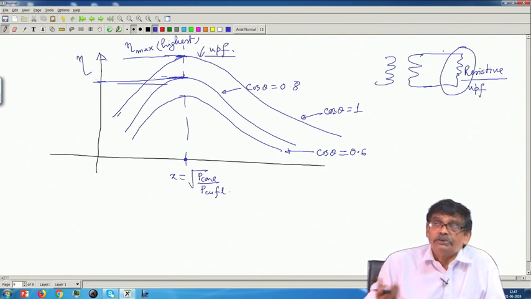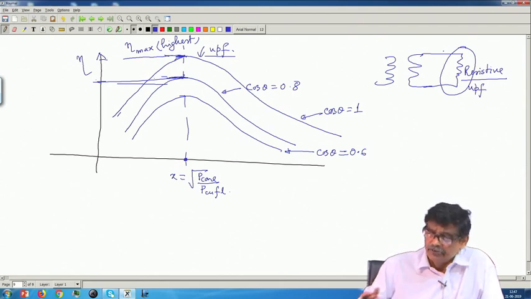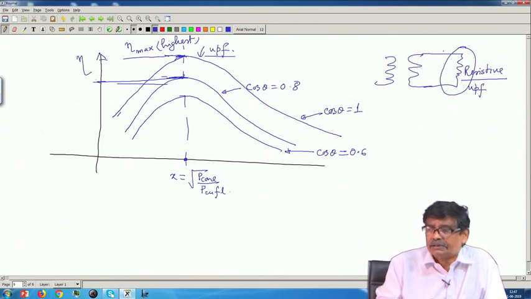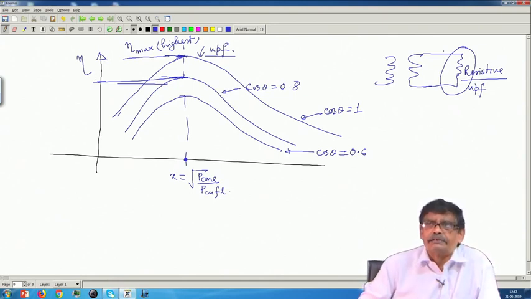But as I told you, unity power factor is not the usual case. That is why, even if your load is having low power factor, people connect a capacitor at the beginning of your supply, so that power factor is improved. You know those techniques from your circuit analysis and this that.